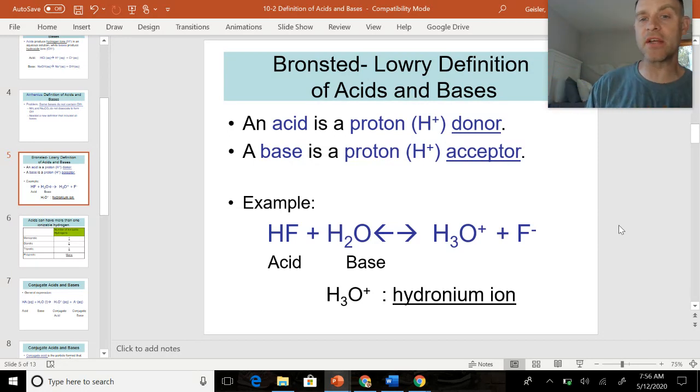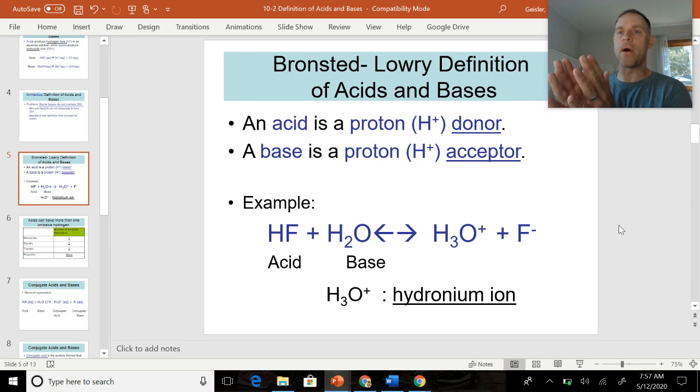So when you're looking at an equation and trying to figure out who's the donator and who's the acceptor, the borrower, remember, bases borrow, B and B. The base is also going to be poor in H pluses. You're not going to say, oh, look at all the hydrogen on there. Acids, on the other hand, are going to be rich in H's.